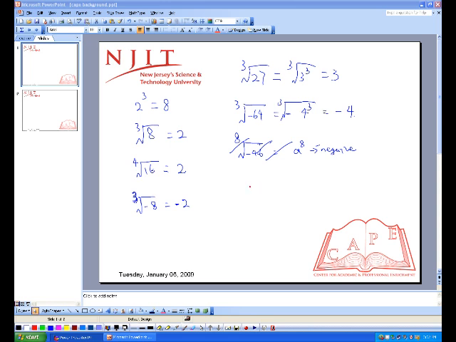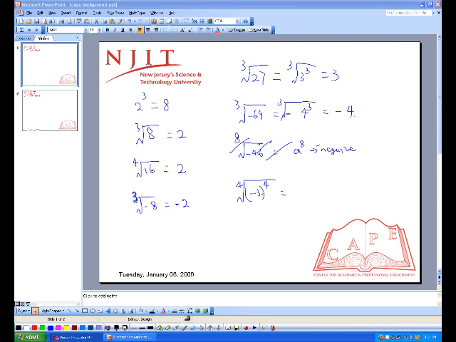However, you could do something like this: the fourth root of negative 3 to the fourth power. Some of you might ask, well, you just told me that you can't have an even root of a negative number, but now this is negative. How do you explain that? I say yes, it has a solution. It's because if you look at this expression, you do what's inside the fourth root first, negative 3 taken to the fourth power.